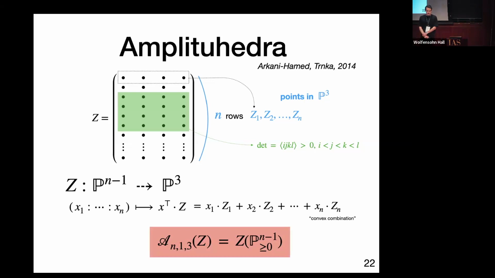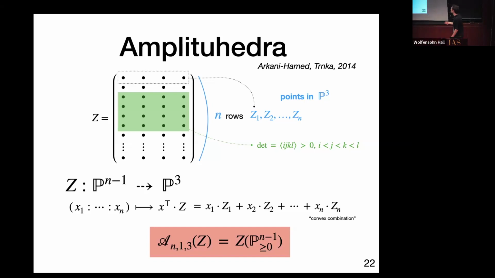You can use this matrix in several ways to define a map. And one way to do this is to define a map from Pn-1 to P3, which sends x1 through xn to the corresponding linear combination of the points Zi. Now, this is a rational map.